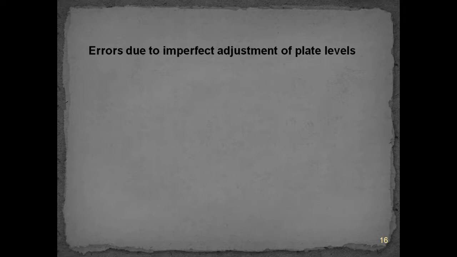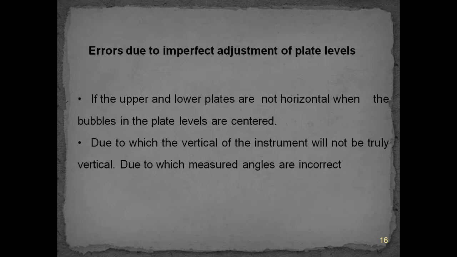That is error due to imperfect adjustment of the plate levels. See, if the upper and lower plates are not horizontal when the bubbles in the plate levels are centered, the vertical axis of the instrument will not be true, so the measured angles are incorrect.